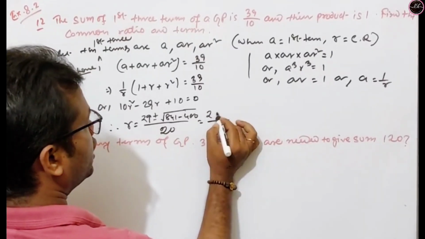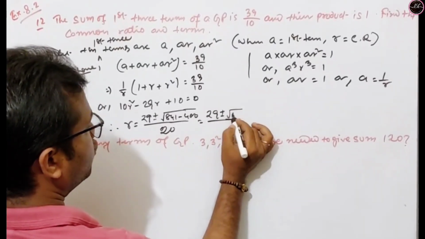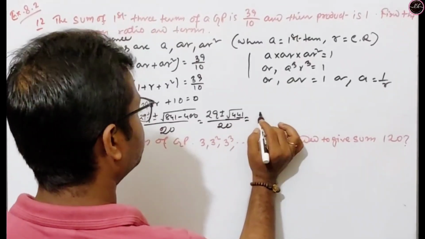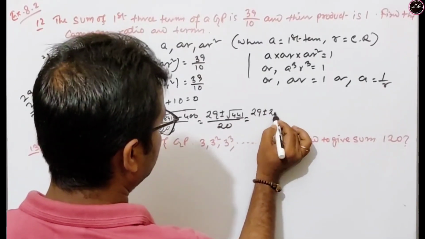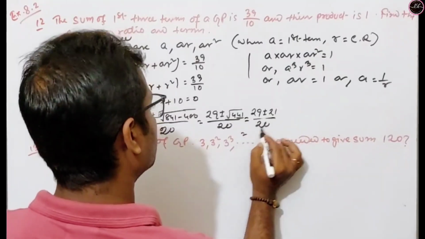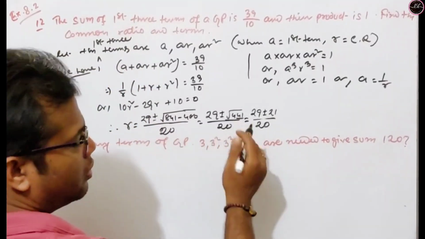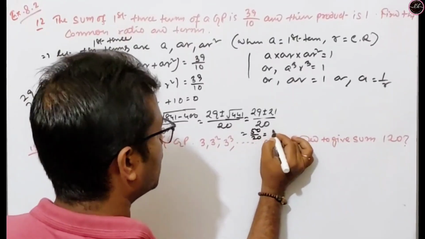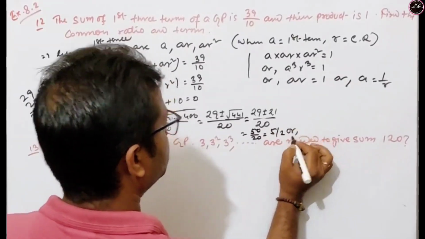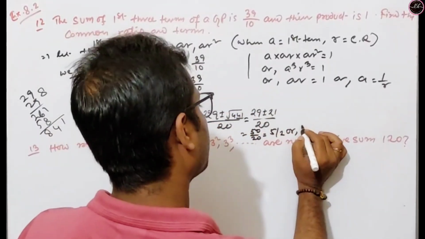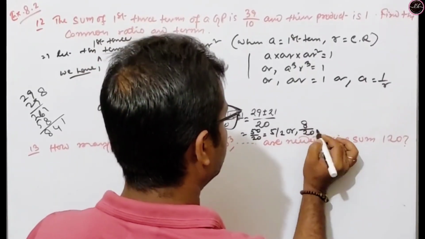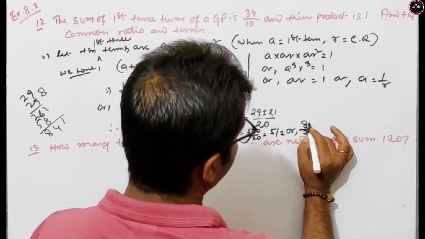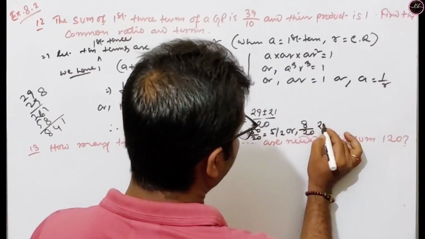So r equals 29 plus minus 21 divided by 20. So the value of r can be 50 by 20, that means 5 by 2, or if we subtract, 8 by 20, that means 2 by 5.